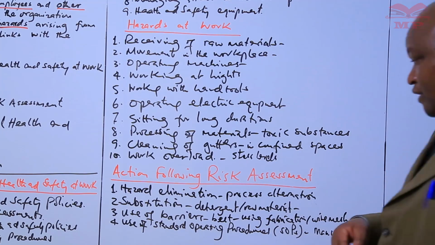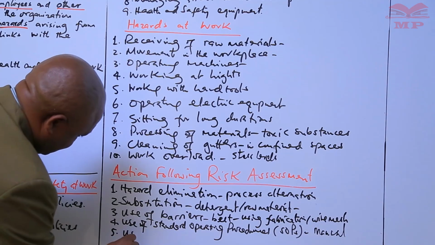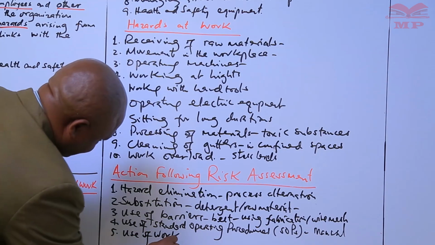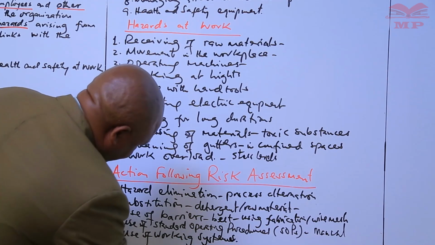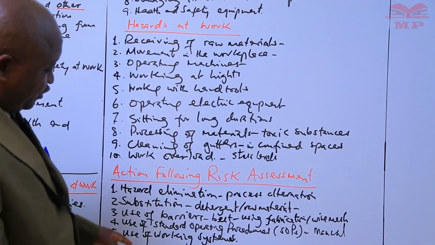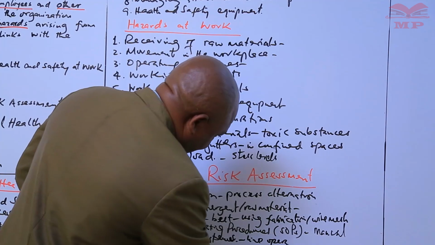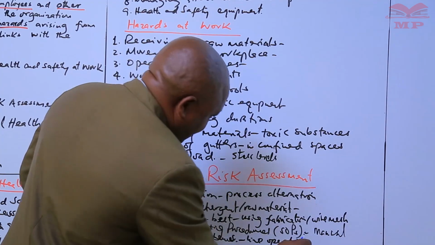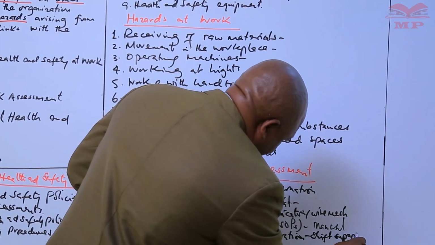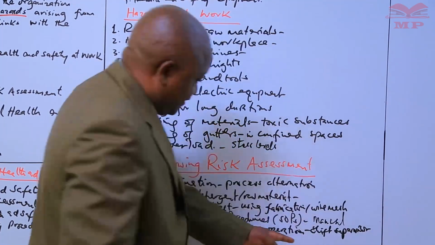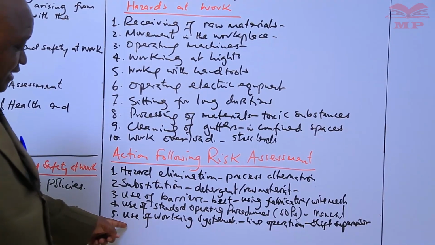Then number 5, use of working systems. Now, what do we mean by this? Supposing you have a line operation, then you must ensure that you have a shift supervisor, and this shift supervisor is well versed with safety in relation to the work that is being done.